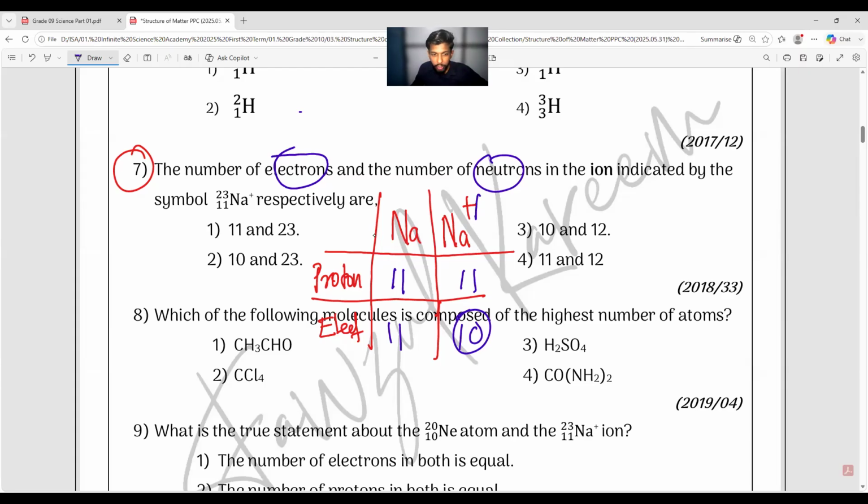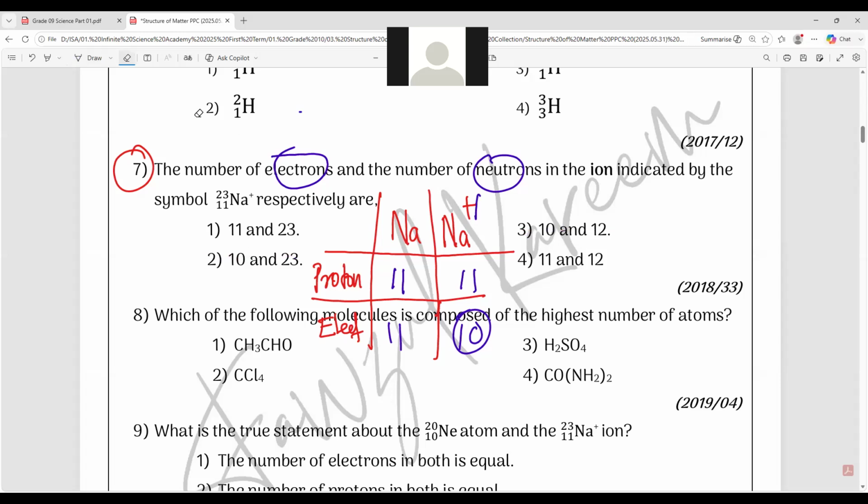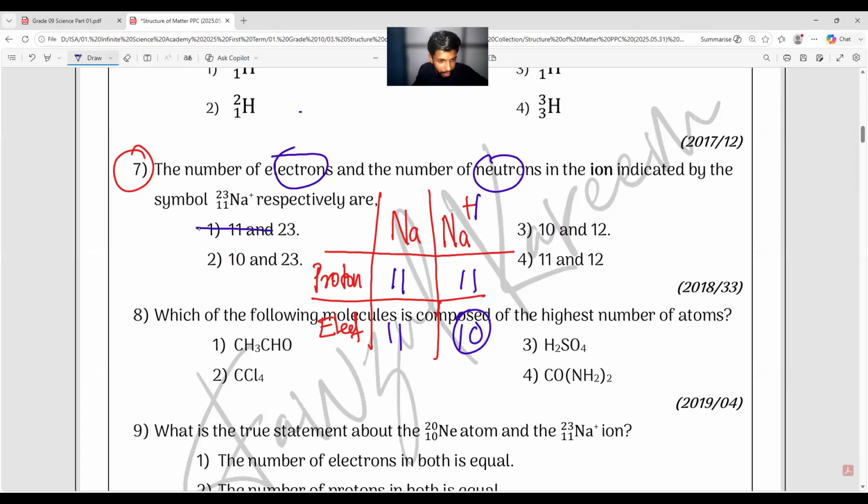So now you can cut this one, because both the second and the third answers are wrong, because electron is 10. Sorry, you want to cut 1 and 4. So out of these, there are two options, 2 and 3.